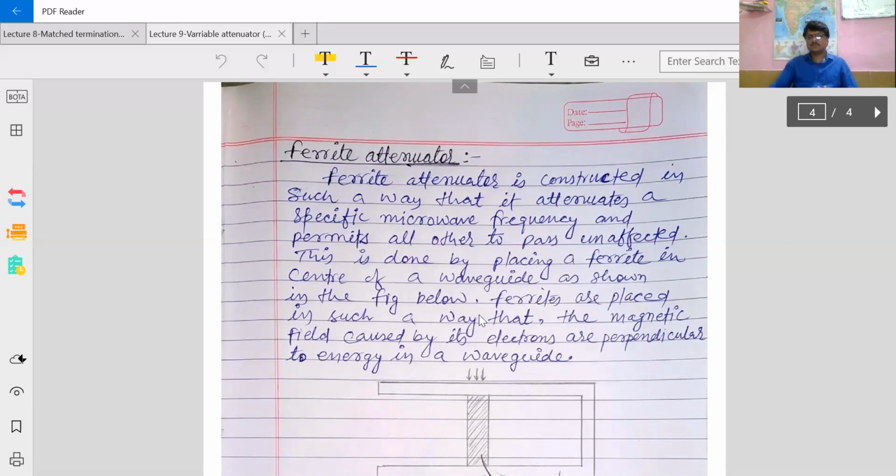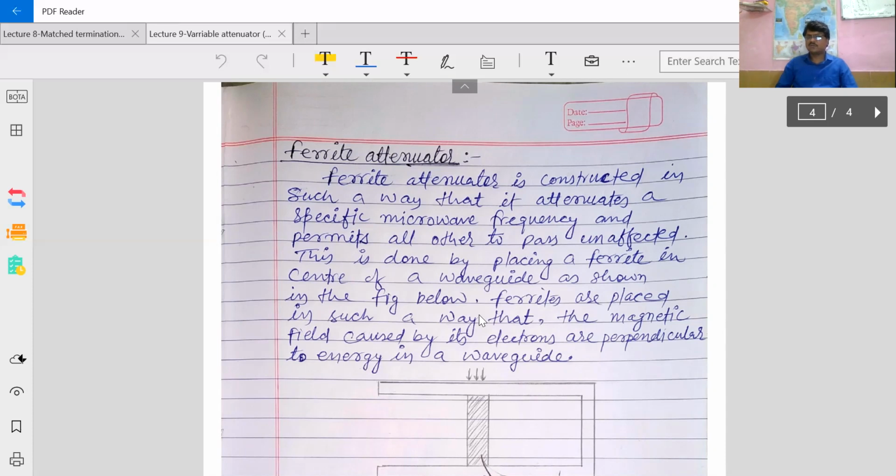Let us suppose there is a frequency range from 1 gigahertz to 10 gigahertz. 4 gigahertz to 5 gigahertz will be attenuated, and 1 to 4 gigahertz will pass and 5 to 10 gigahertz will also pass. So it can also be considered as a band reject filter. A certain range of frequency will not be allowed to pass.